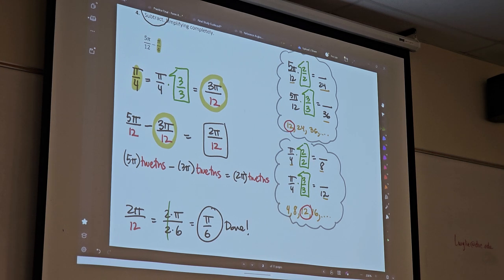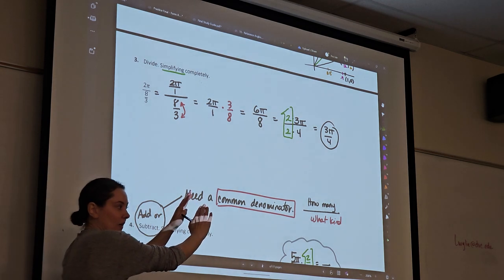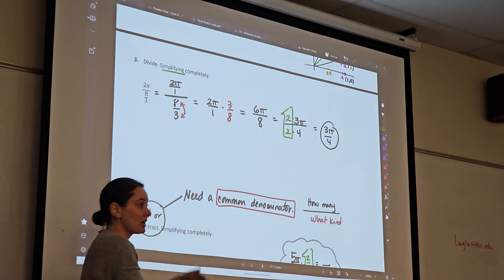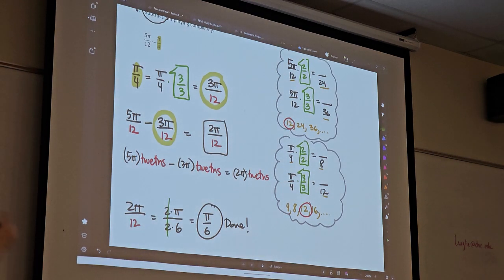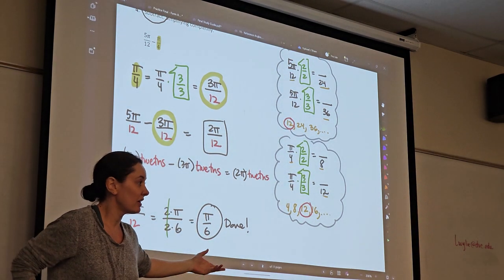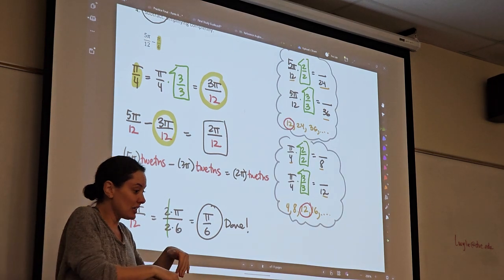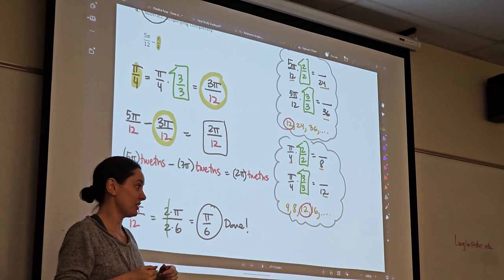Okay? So to divide fractions, flip the bottom, multiply straight across, look for secret times ones. To add or subtract, you need a common denominator. It won't be crazy big numbers because you're doing this without a calculator. Skip count by denominators. The first number they have in common is the denominator you want to choose.